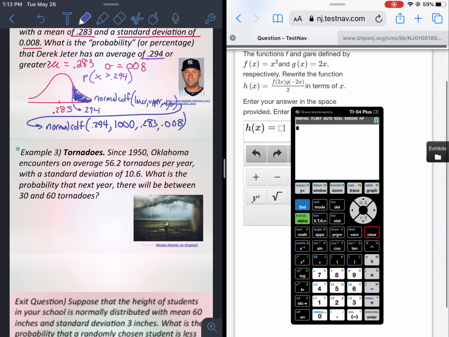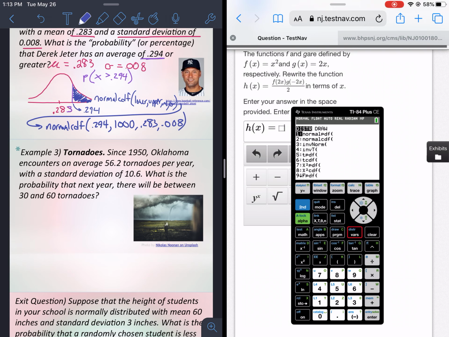Here is a sample graphing calculator, and I'm going to go to second distributions. The second one there is normal CDF, meaning cumulative distribution function, where the lower bound is 0.294. The upper bound, we want something really, really huge.